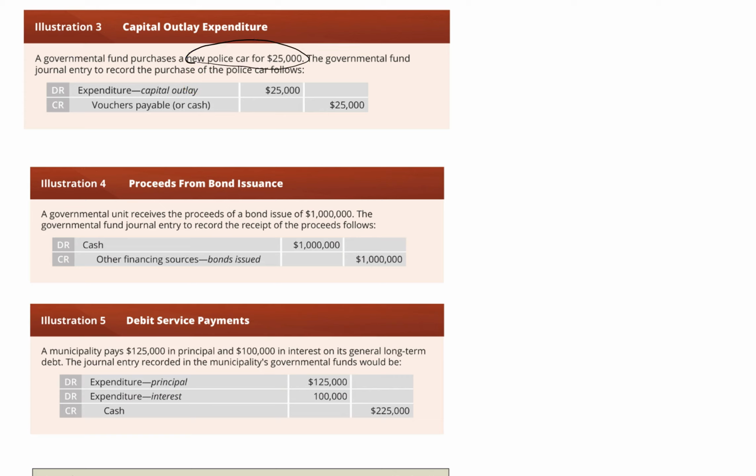Apparently it's a long-term asset and of course a non-current capital asset, but they will show it, debit it, as an expenditure. They can also label it like expenditure, police car, and we are assuming it's on credit, so they're going to credit vouchers payable.